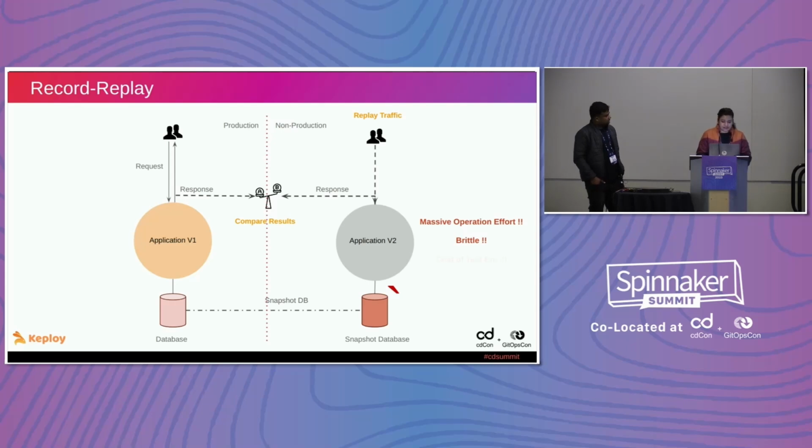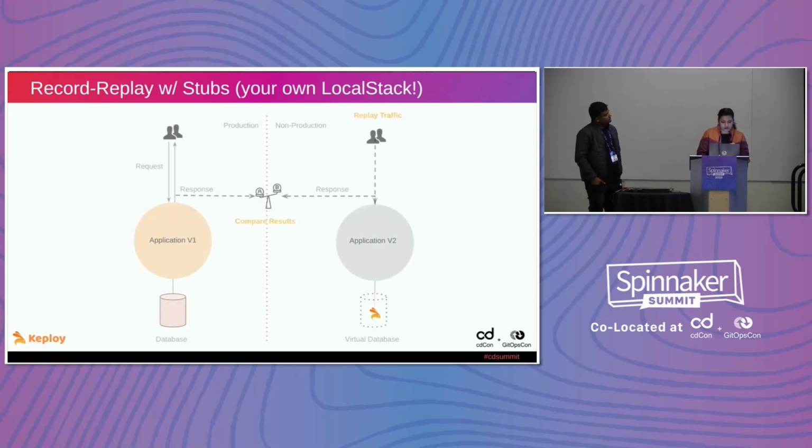What do we do after that? We thought of recording just the stubs or the query data, instead of the whole database. So instead of creating the snapshot and maintaining that in a different environment, we just picked up the query data of that dependency.